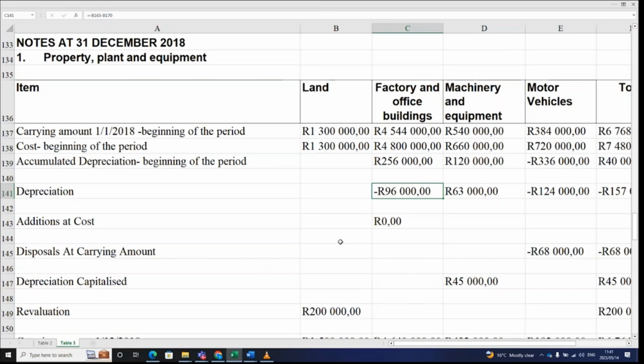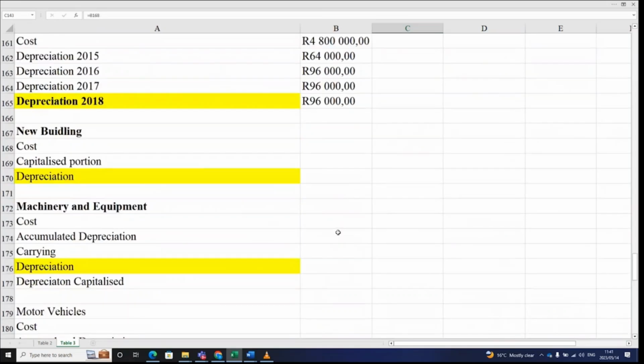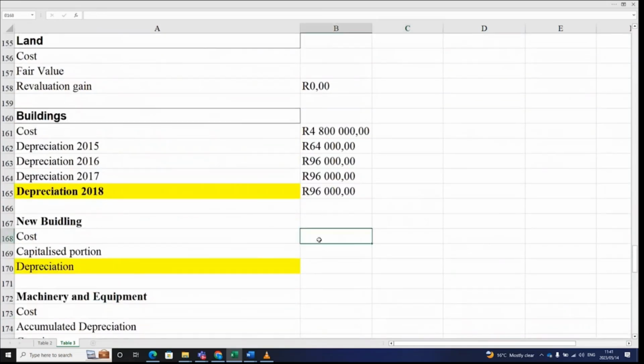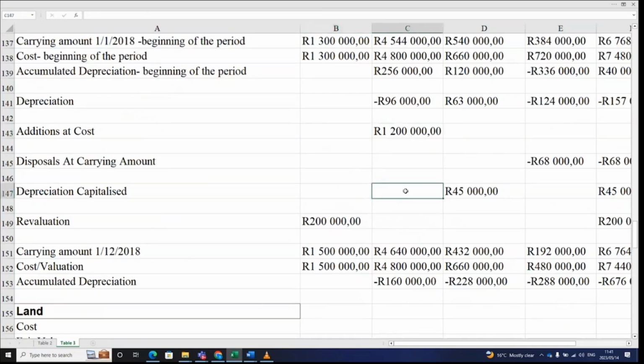Then the additions that we have, the new building: labor and material 1.2 million, plus the capitalized portion, which is 45,000.